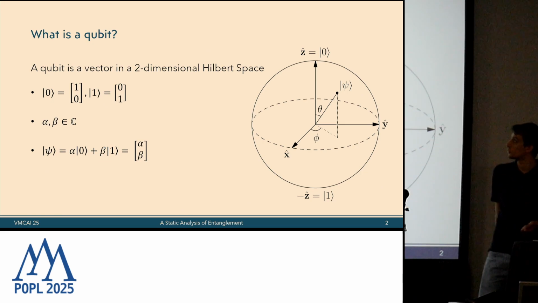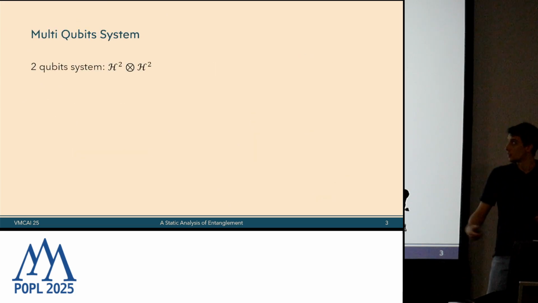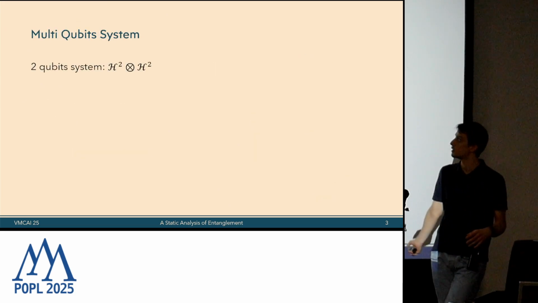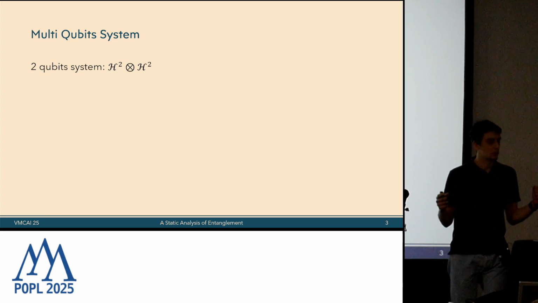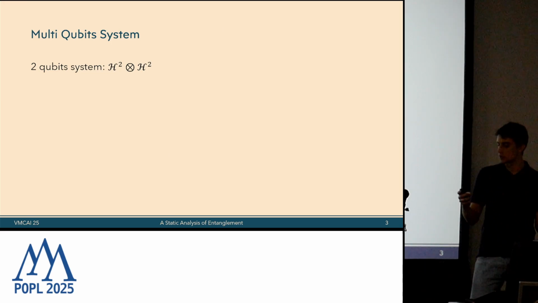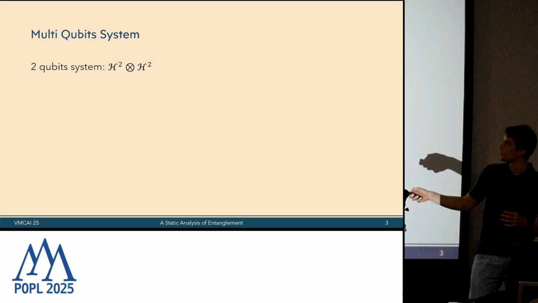Since we are talking about entanglement, we need to consider systems with more than one qubit. For example, let's consider a two-qubit system. When we put together two qubits, first of all, we need to build the vector space of these two qubits. How do we build it? We build it by putting together the vector spaces of the single qubits using an operator that is the tensor product.